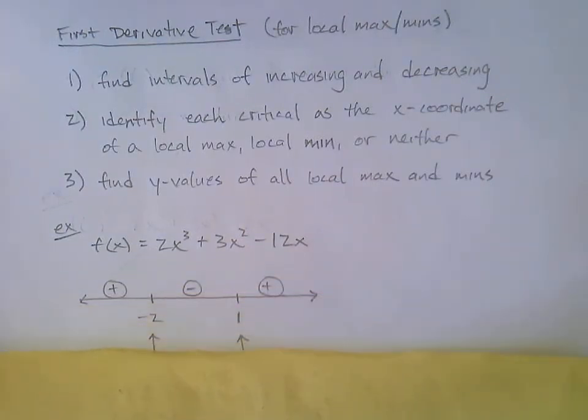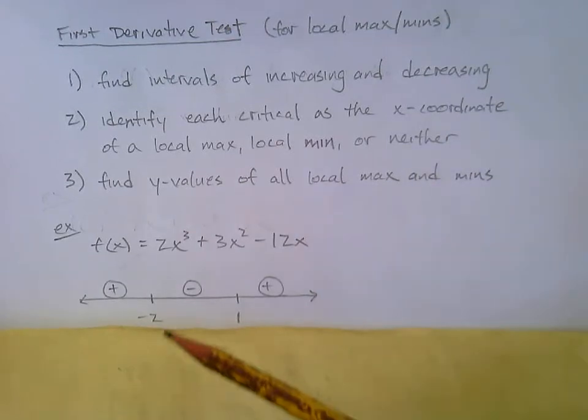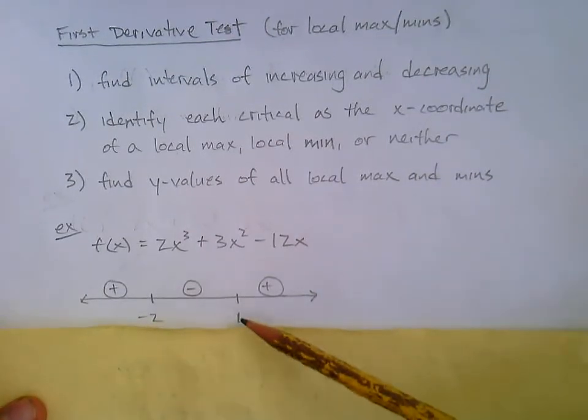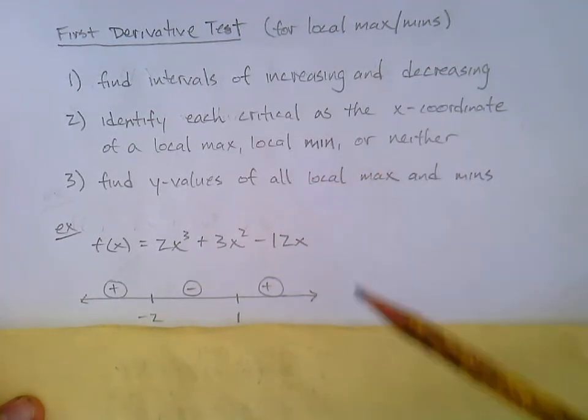We arrived at this domain line with these criticals and those positive and negatives indicating where it's increasing and where it's decreasing, right? Once we have all this out with the pluses and minuses, we can go to step 2, identify the criticals. These are the criticals, -2 and 1. We can immediately identify them as a max, a min, or neither.